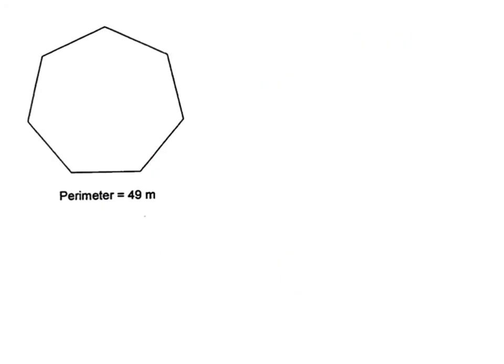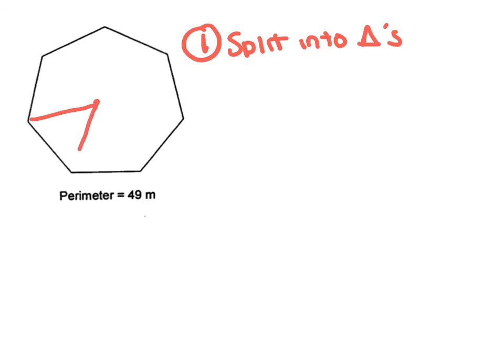Now, if you are given a problem like this, the first thing you're still going to do is split the polygon into triangles. So if I set this up, I can split this into triangles. So I have 1, 2, 3, 4, 5, 6, 7.